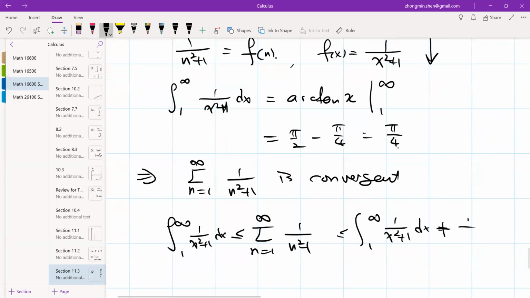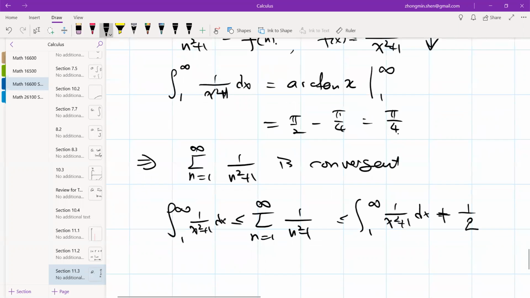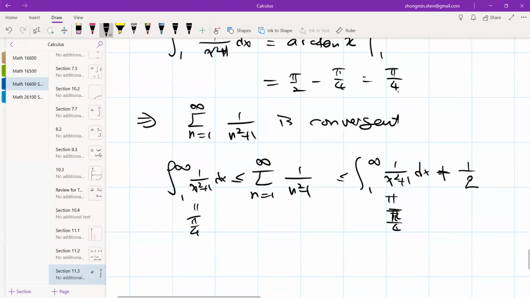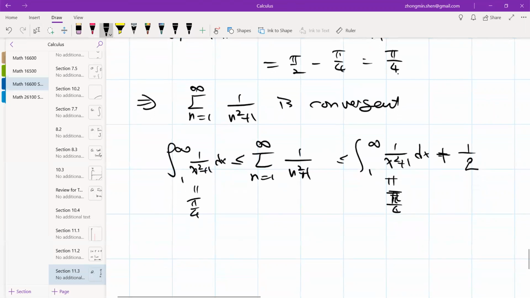When n equals 1, it's going to be 1 over 2. Right, so this can be pi over 4. We get a pretty good estimate. So the integral test not only gives you information about convergence or divergence, when it's convergent, you can also sometimes get an estimate. Okay.